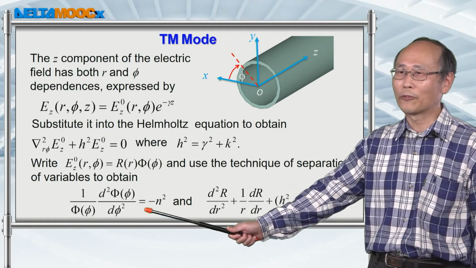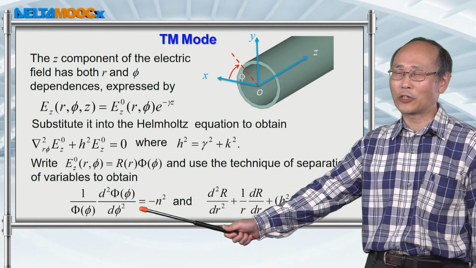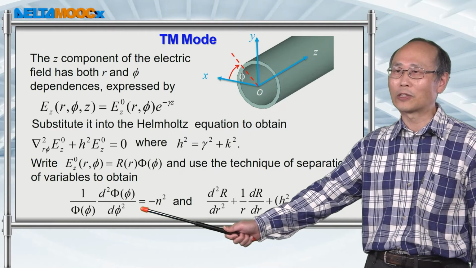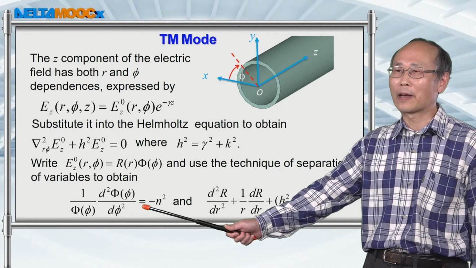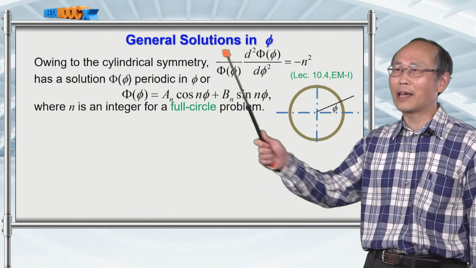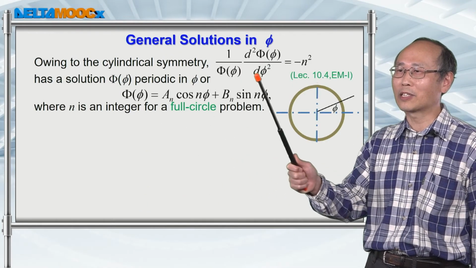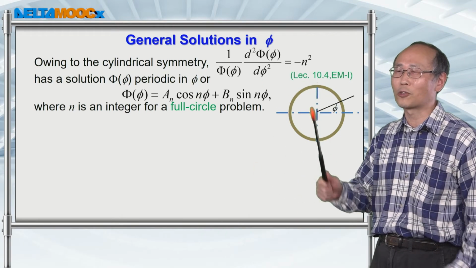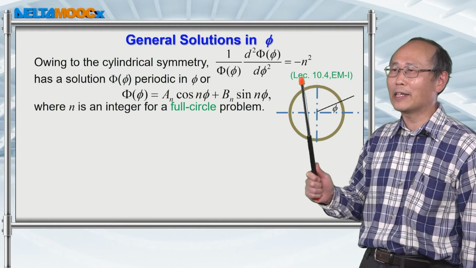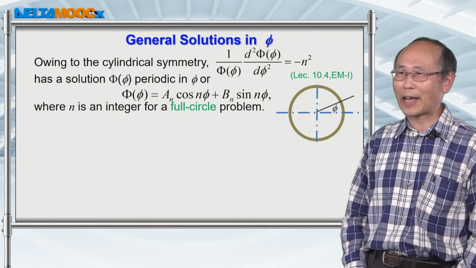And so if we look at this expression, that gives you the solution for the field depending on phi, then you can easily solve this ordinary differential equation given this n squared here. So n is a mode number along phi direction.